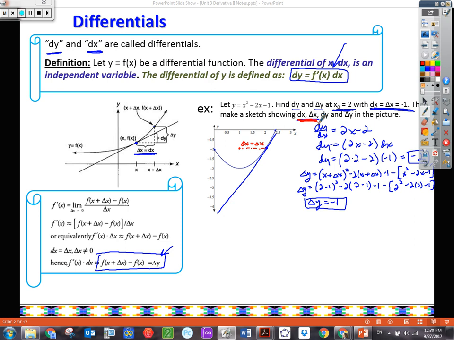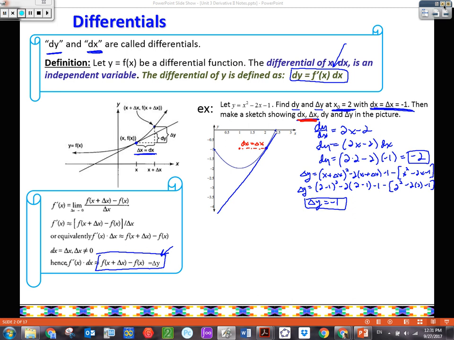Now let's work on dy and delta y. Okay, so let's work on delta y first, it's the smaller one, and it's negative 1. Delta y is the difference between the old y value and the new y value of the function as we've shifted left 1. So it's right here.